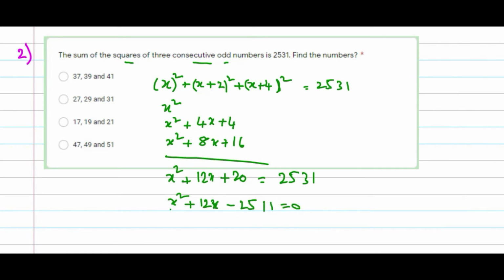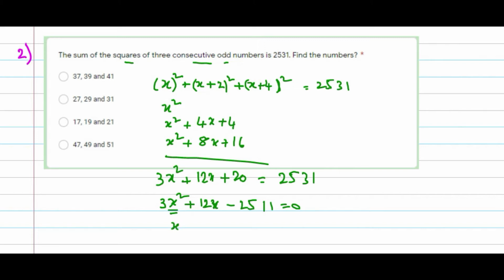Now we need to get the roots of this equation. Actually, 3x squares are there. 3x square plus 12x plus 20 equal to 2531. So finally it will be 3x square plus 12x minus 2511 equal to 0.